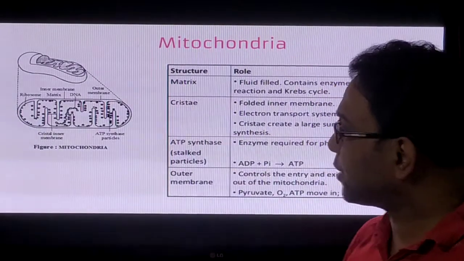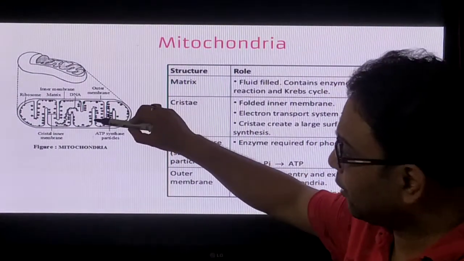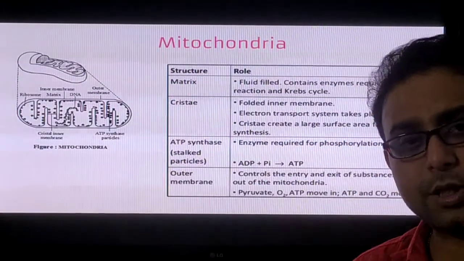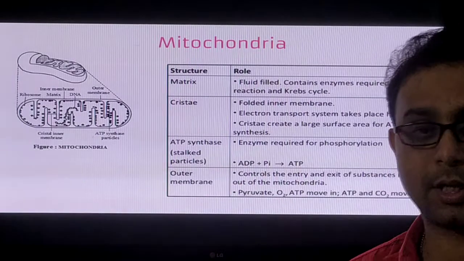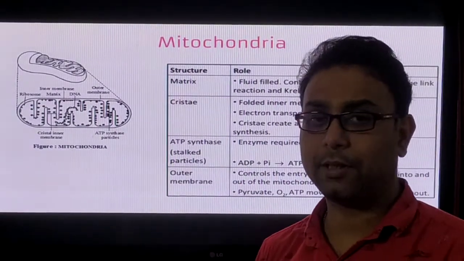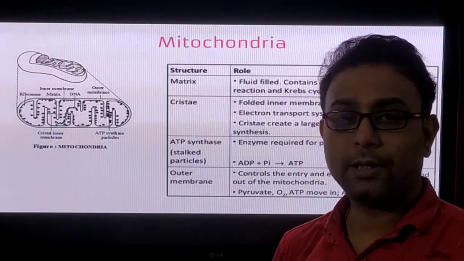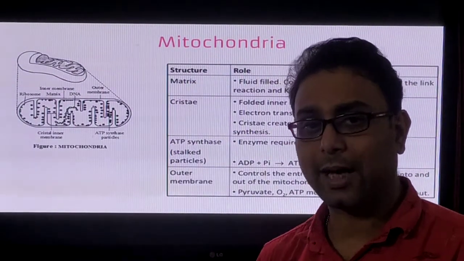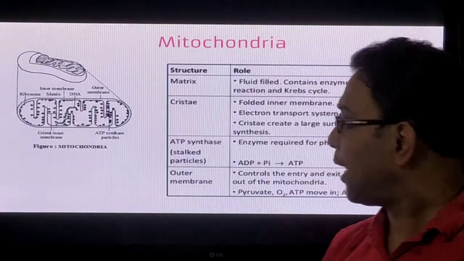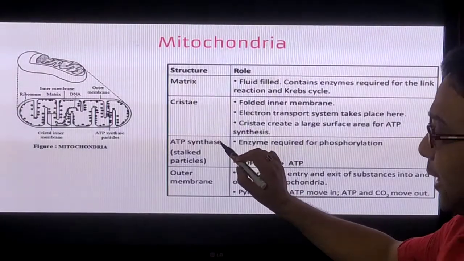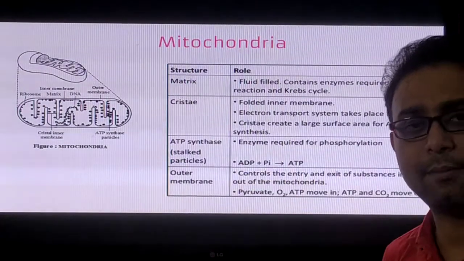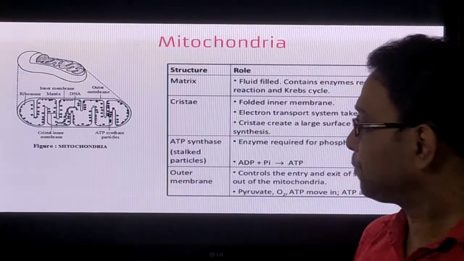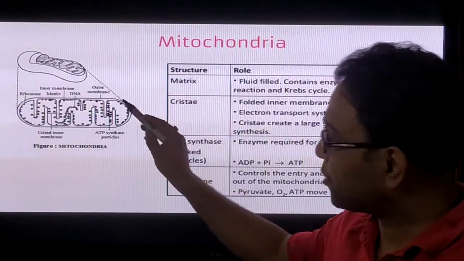Another one is the cristae, where the inner membrane of the mitochondria is enfolded and forms finger-like projections. These cristae have different types of enzymes that participate in the ETS reaction, so this is the most important site of ATP production. ATP synthase, the most important enzyme in cellular respiration, is present in the cristae.